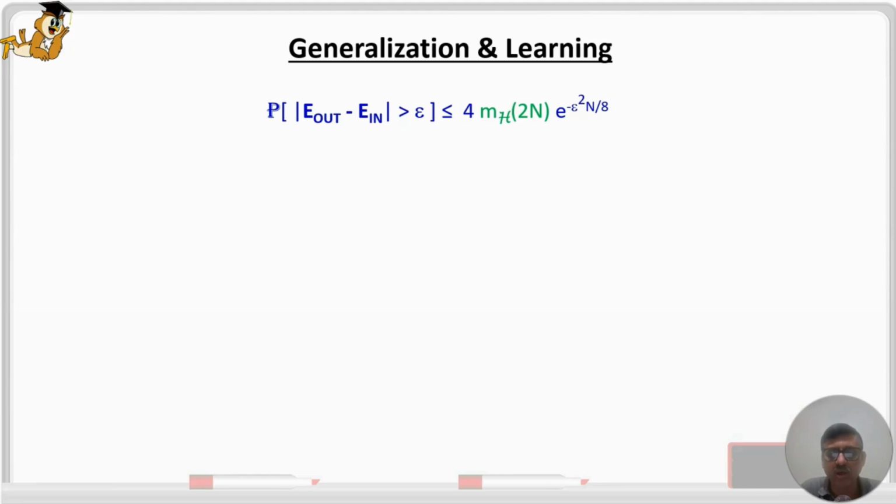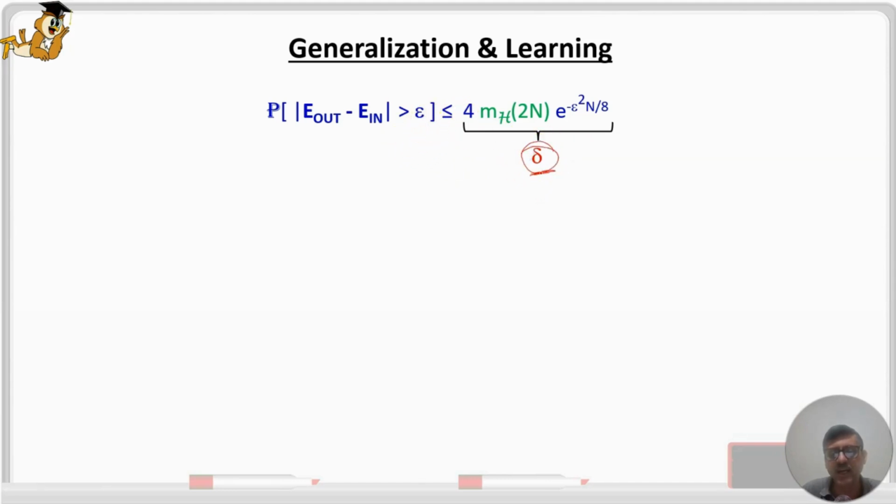Okay, so a couple of other things. Here we are again looking at the equation that we had earlier, and we are going to call this term on the right delta. Remember the delta of our first few slides, where we said that you wanted this to be less than delta.